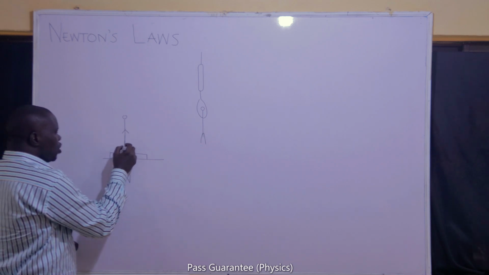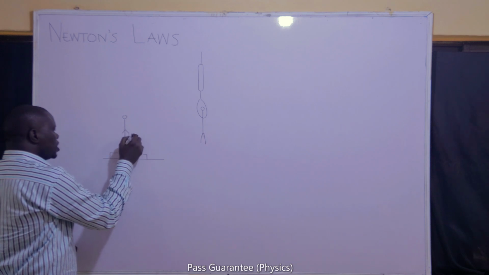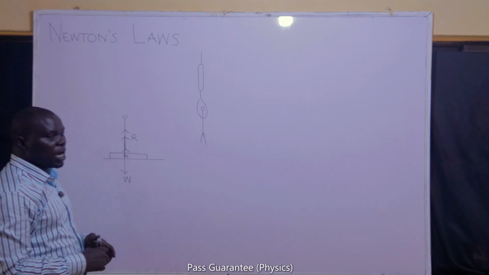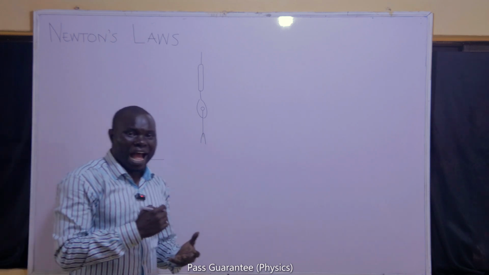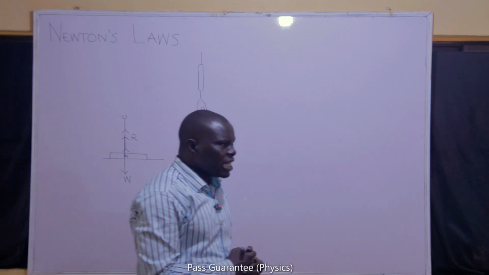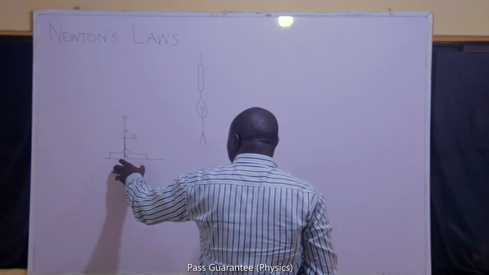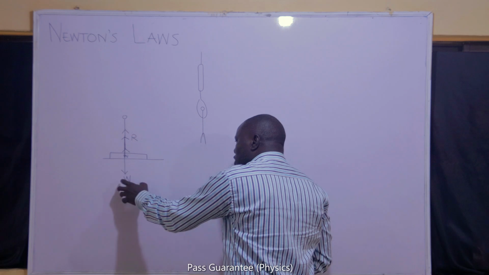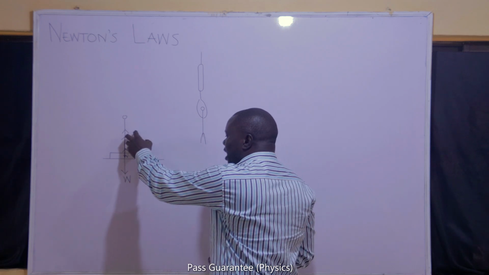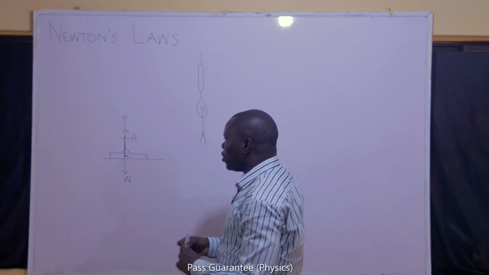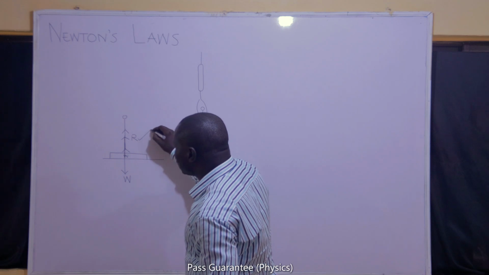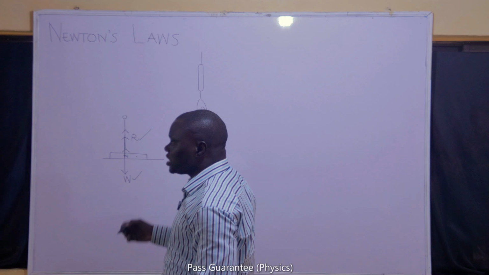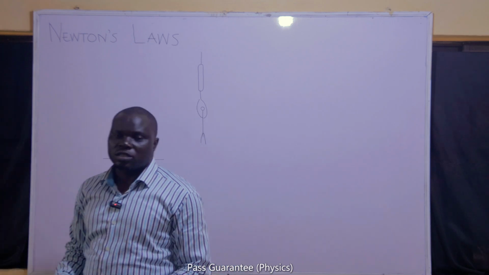But the surface is also holding you back up with a normal reaction R. Now, if there's no movement, your R and your W are equal. This is the contact force that the weighing machine is recording. But because it is equal to your weight, it takes a value that makes you understand your weight.